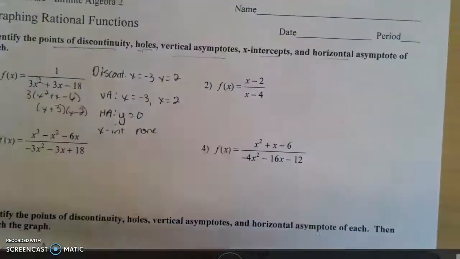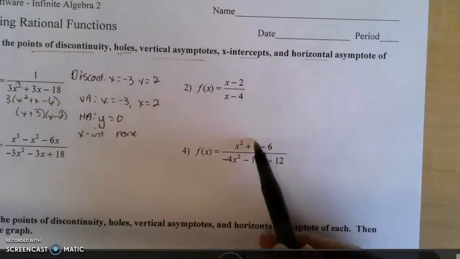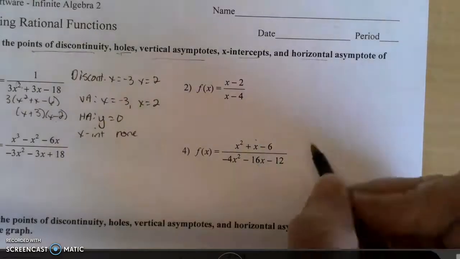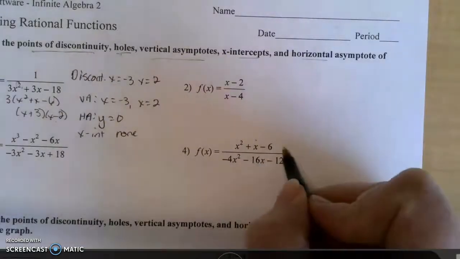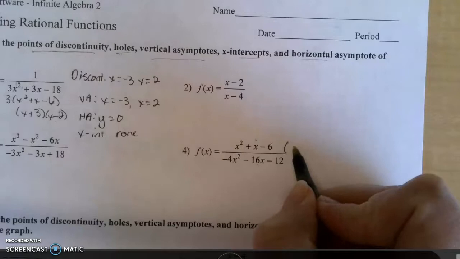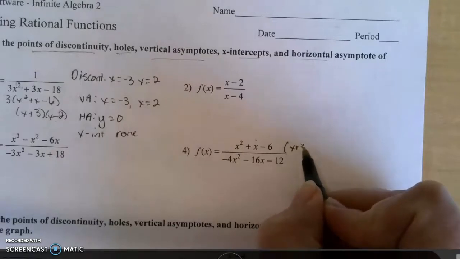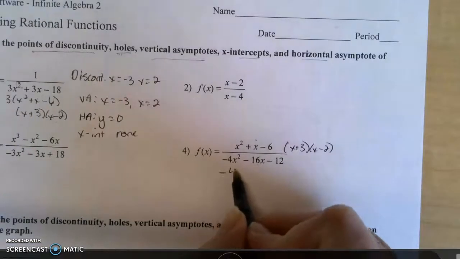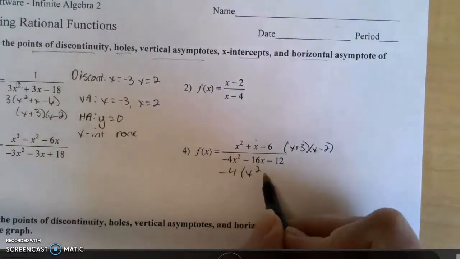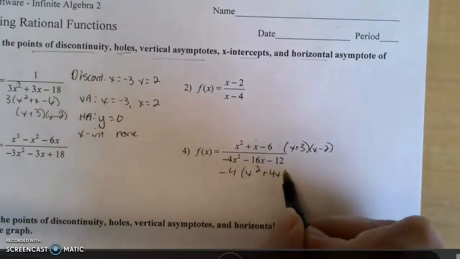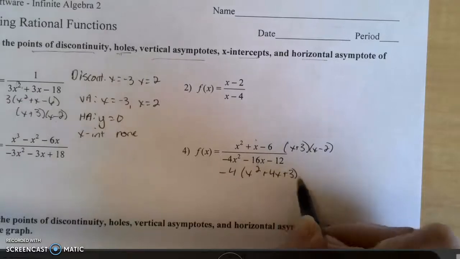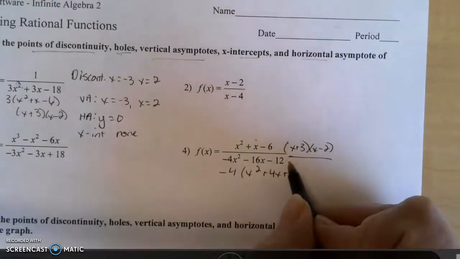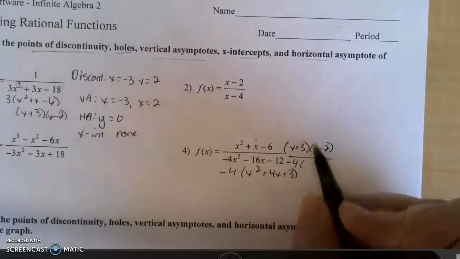All right, let's try number 4. So this time I can do both numerator and denominator. So I've got, you're going to get good at these, x plus 3, x minus 2. Here I'm going to take a -4 out. And now I'm going to factor. So I've got that -4.